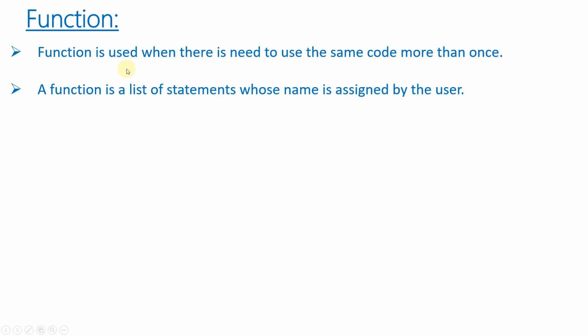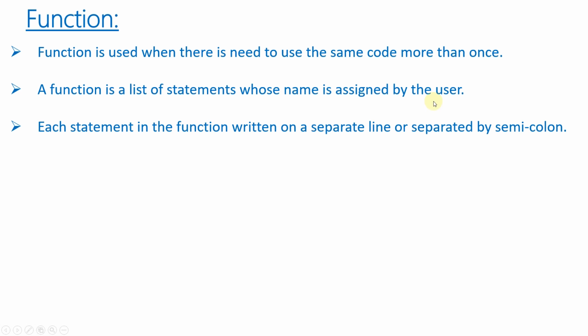So now the question is, what is function? Function is nothing but a list of statements whose name is assigned by the user. When we write some block of code and we give some name to it, that is nothing but a function. The statements we write in a function are either separated by line or separated by semicolon.